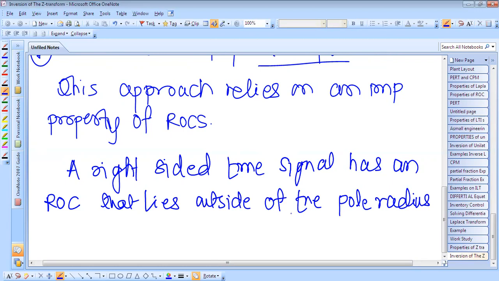A right-sided time signal has an ROC that lies outside of the pole radius.